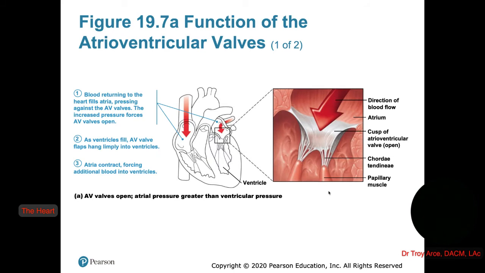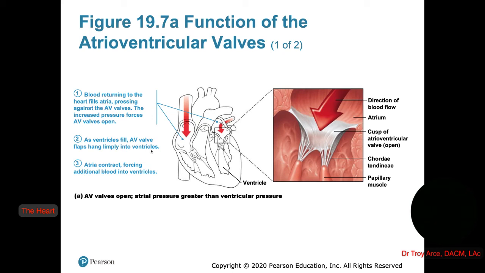As you can see, function of the atrioventricular valves: the blood is returning to the heart and fills the atria. That's up the right side of the heart, pressing against the AV valves. The increased pressure forces the AV valves open. As the ventricles fill, the AV valve flaps hang limply into the ventricles.